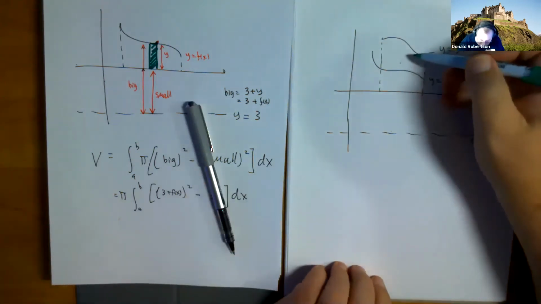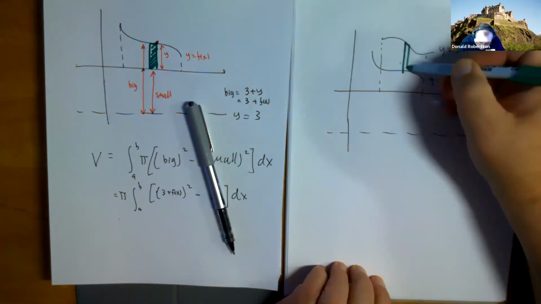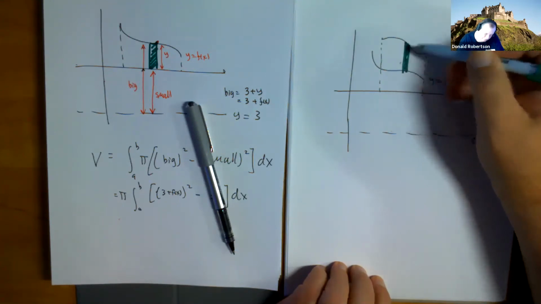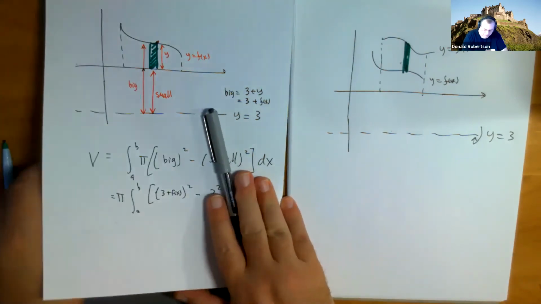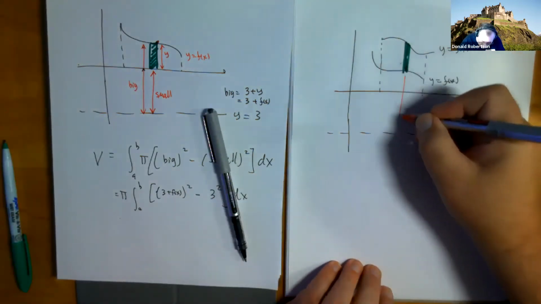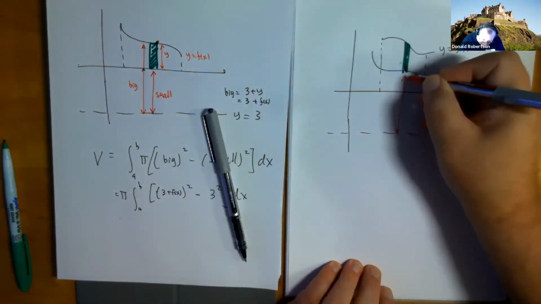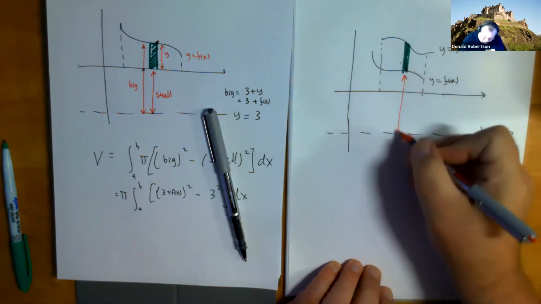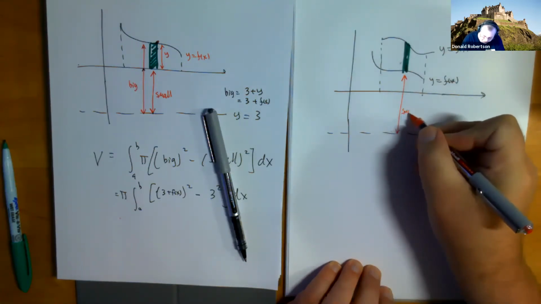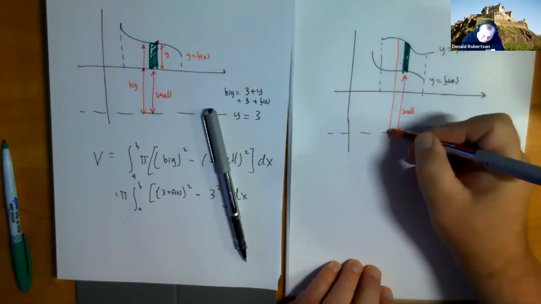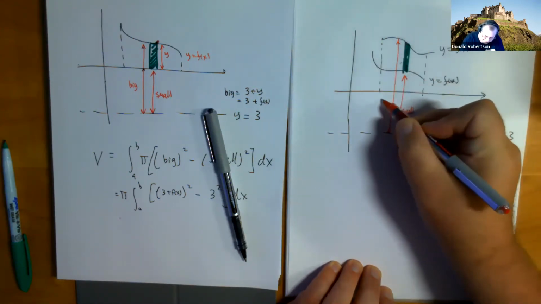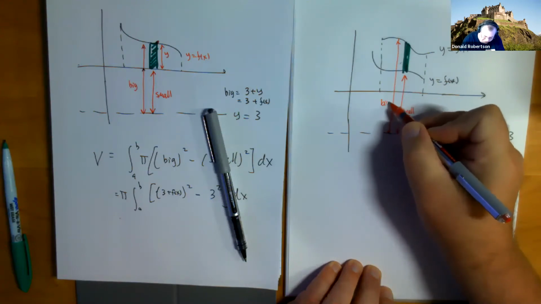Let's see what happens to our rectangle this time. Based on distances, the short distance there is the small radius, and the big one is that one.